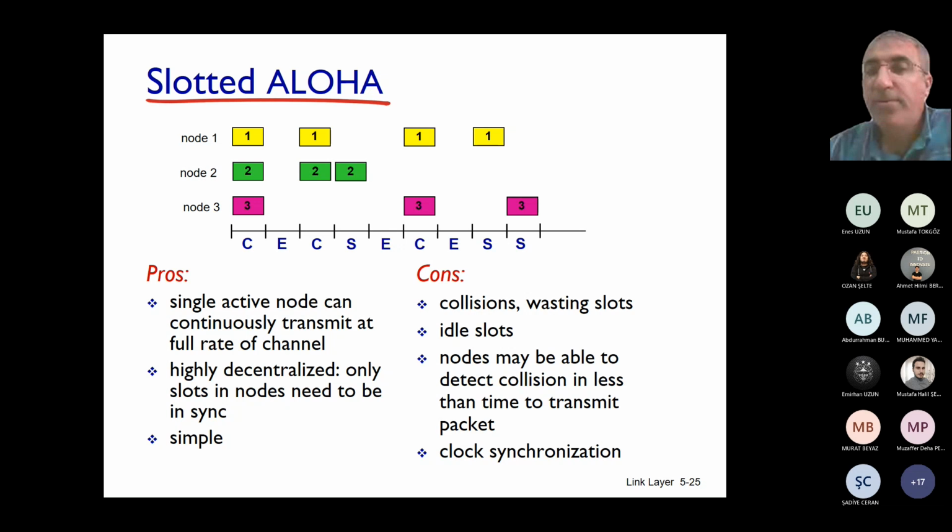Now both node 1 and node 3 think that the channel is free, so I can send. Both of them jump in and try to send. But again, in this slot, node 1 and node 3 collide with each other.